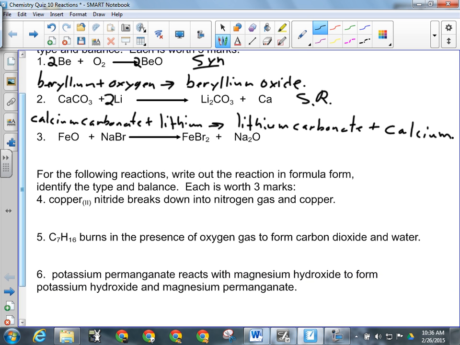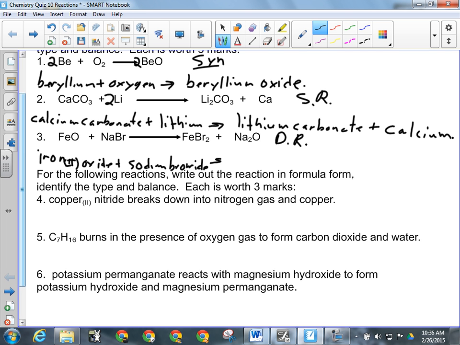Number 3. Ionic compound reacts with ionic compound, producing 2 new ionic compounds. That is double replacement. 1 mark for that. Written out in words, this one needs a Roman numeral, right? This is iron Roman numeral 2 oxide, and it is reacting with sodium bromide.